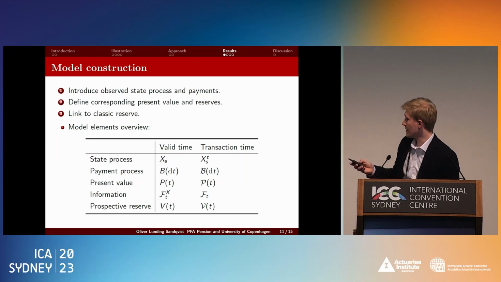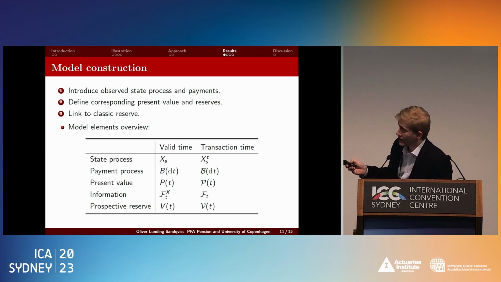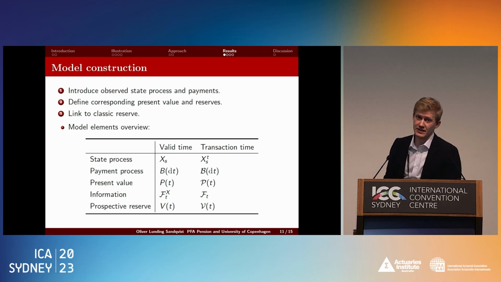So basically, you get a table like this. So in the first column should be all the objects that you are used to. You have the state process here, X(s), which is the value of X at time s. But now you get a corresponding version in transaction time here, X(t,s). And this should be read as the value that X takes at time s, but based on the information that you have at time t.